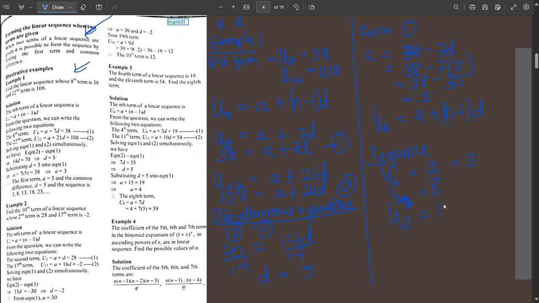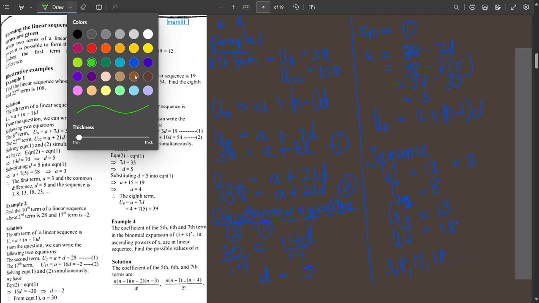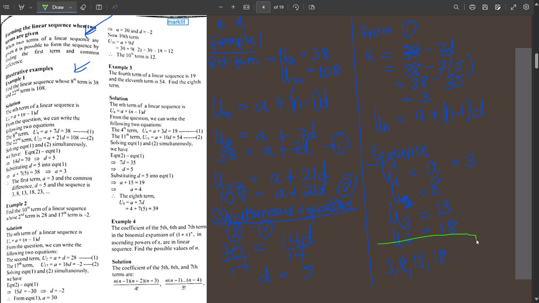That's 13. Then we add the common difference again. We get 18, and so on and so forth. So our sequence becomes 3, 8, 13, 18, and so on. So this is the sequence.